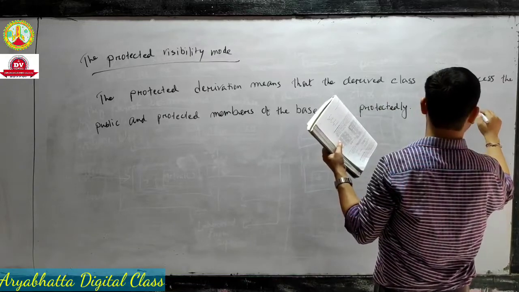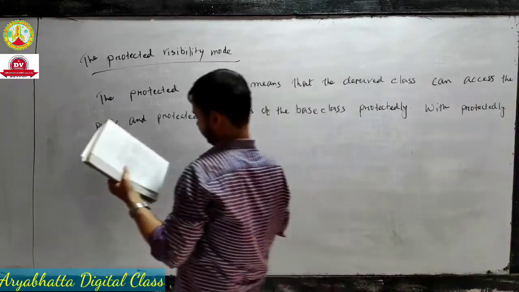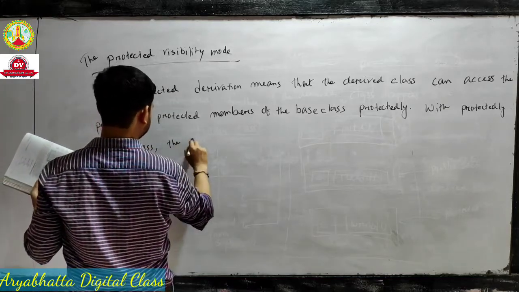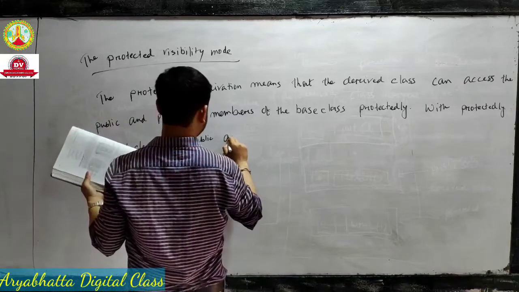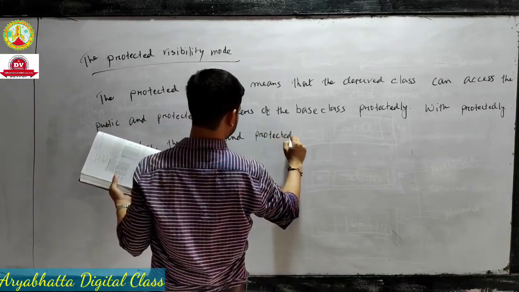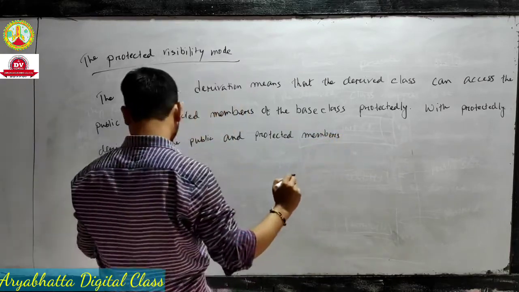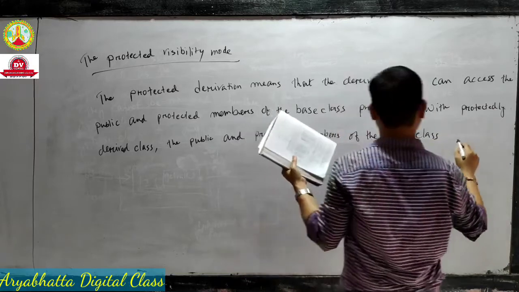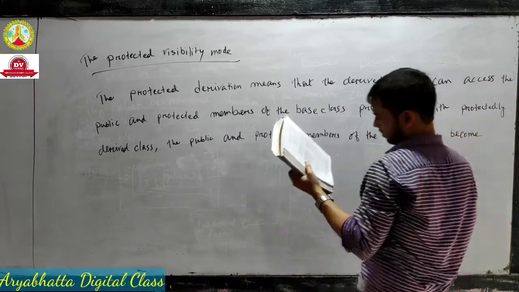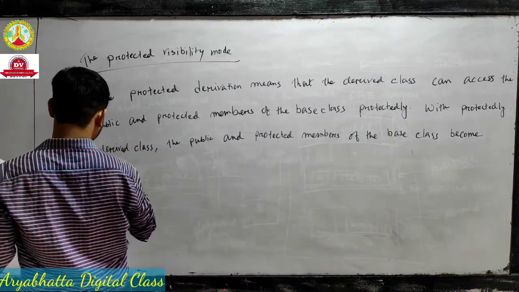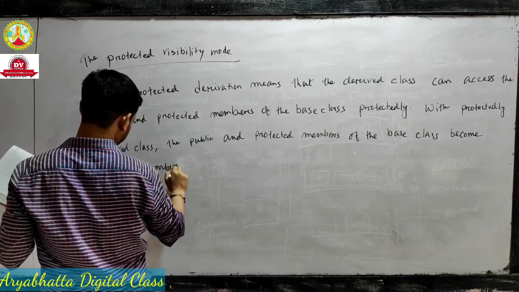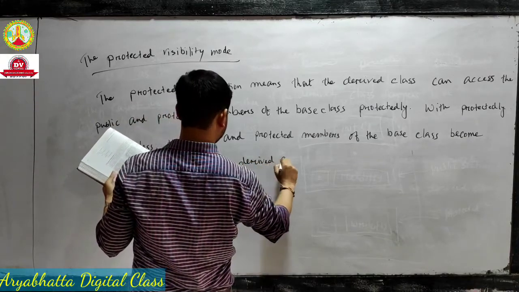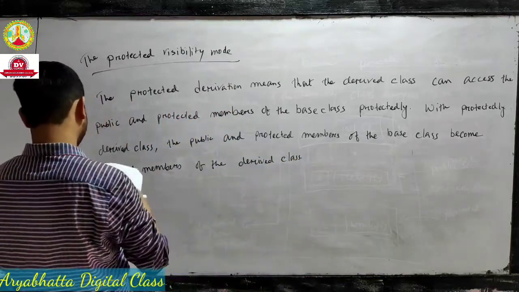With a protected derived class, the public and protected members of the base class become protected members of the derived class.